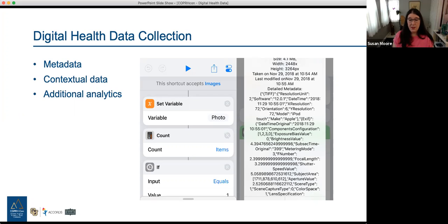In addition, there's things like information about the device itself, the platform, software versions, GPS tracking data, accelerometer data, potential integration with other analytics solutions. Google Analytics is a very popular, very common one.